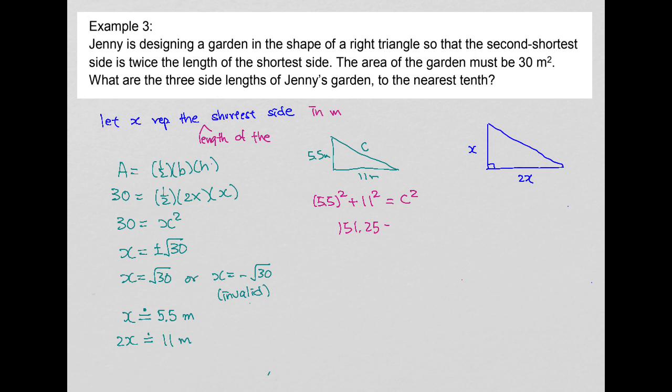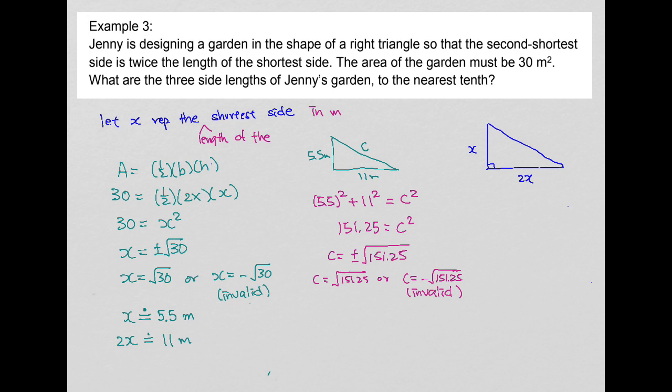151.25 equals c squared. So take the square root on both sides. So positive negative square root of 151.25. Once again, you will say c is positive square root of 151.25, or c is negative square root of 151.25. But this is the hypotenuse of a triangle. It cannot be negative, so we know this is invalid.